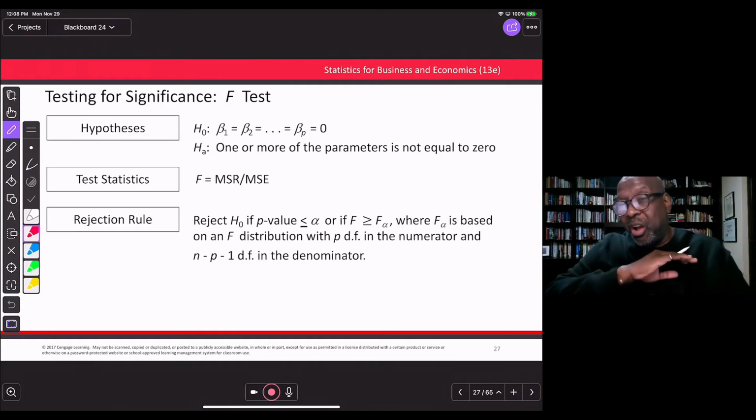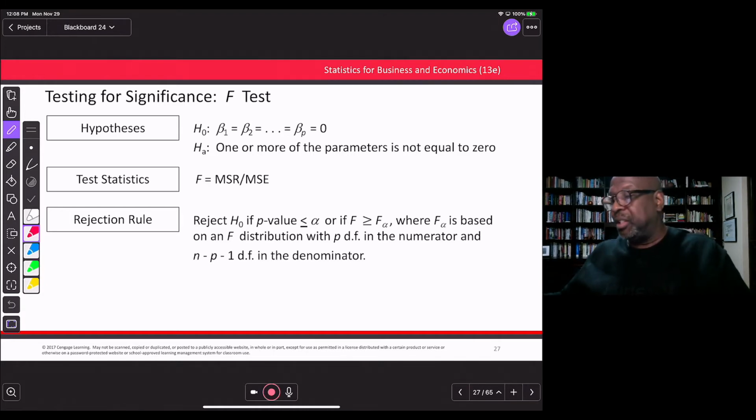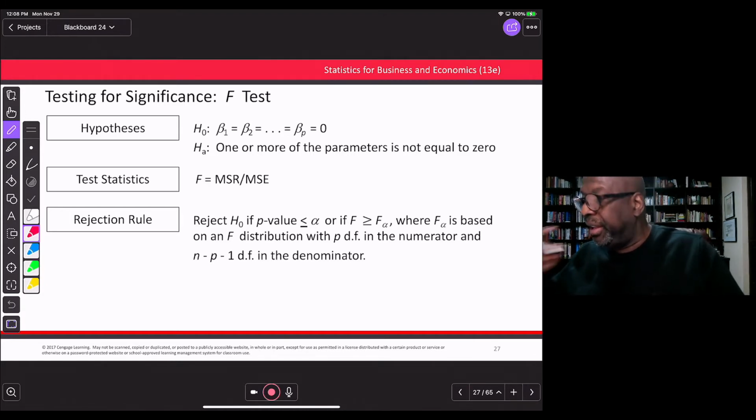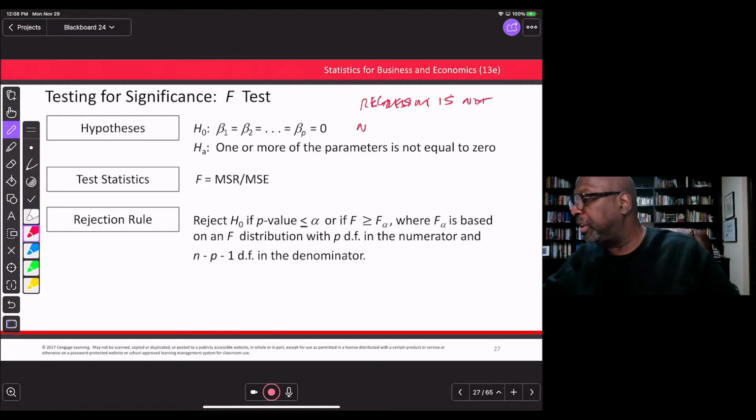In other words, all of the coefficients are 0, so another way of actually writing that is that the regression equation is not a good fit.